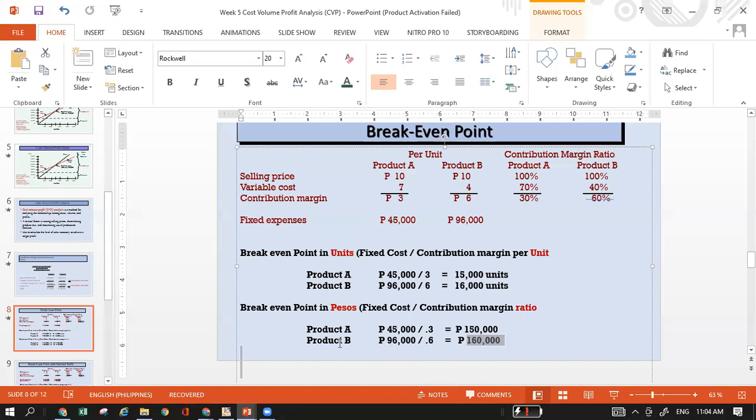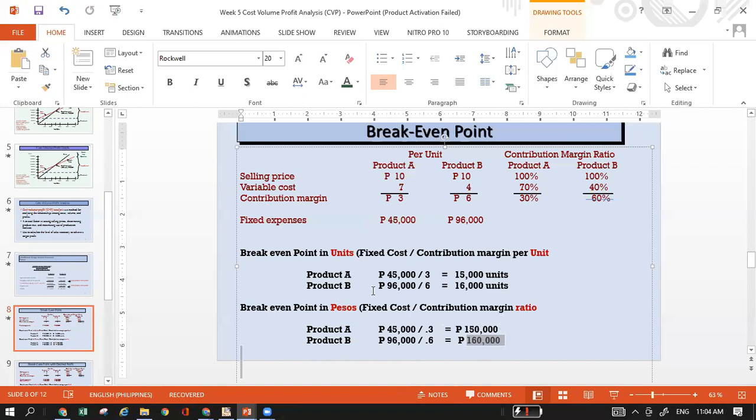So for product A, 45,000 divided by 0.3 and you get 150,000 pesos, which means that if your sales is 150,000, you have your break-even na. So wala ka nang nabalik na sa'yo yung investment mo na 150,000.